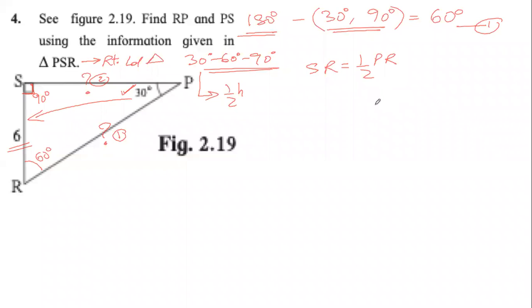We don't know PR, but we do know SR, that is 6. So put the value 6 here. Now use simple arithmetic and algebra. I'm sorry, I wrote it wrong. It should be PR. When you take this 2 from right hand side to left hand side, division will become multiplication. So PR equals 6 into 2, which is 12. So we know the hypotenuse is 12.